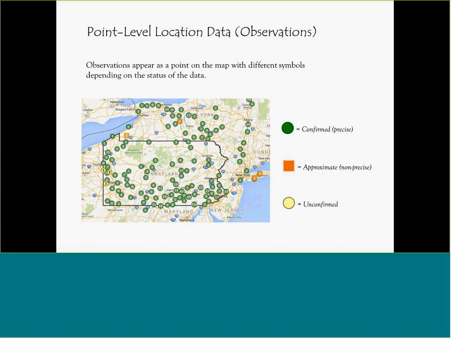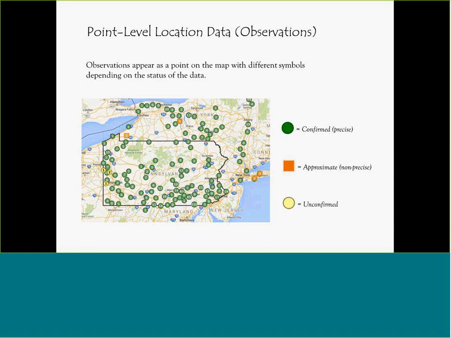Now, for those of you who might not be familiar with what the symbology looks like and what it means in iMap, here is a slide that goes into more detail. There are green circles on the map, orange squares, and yellow circles.